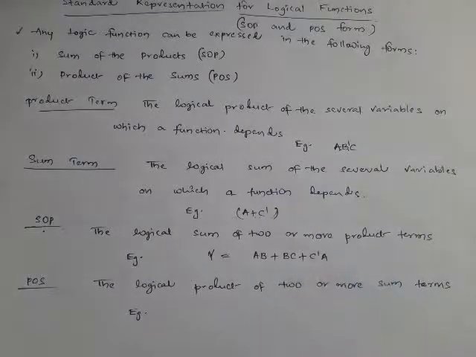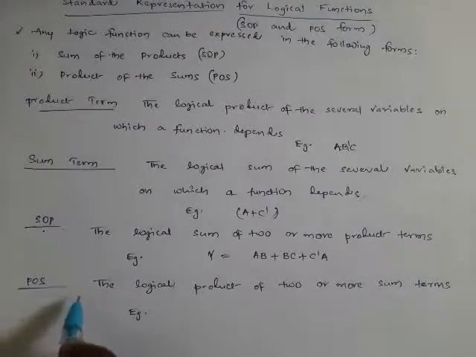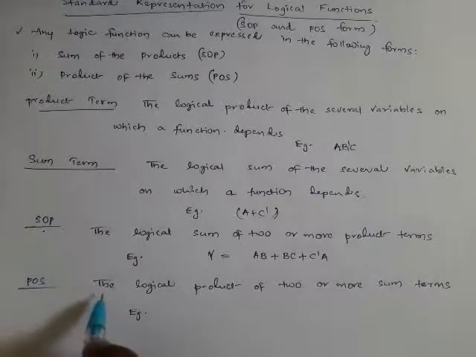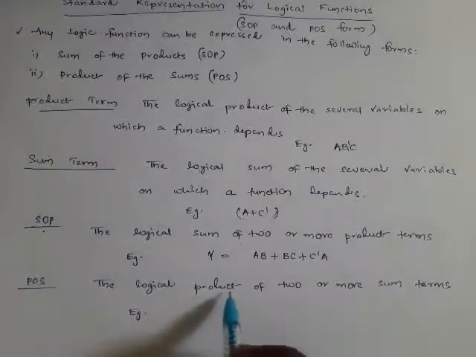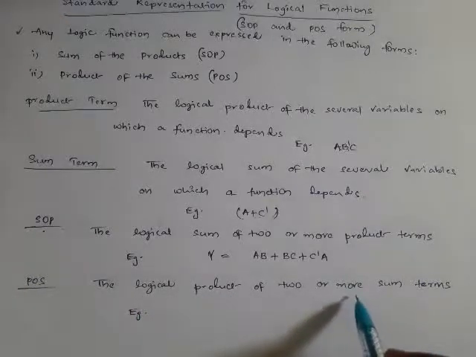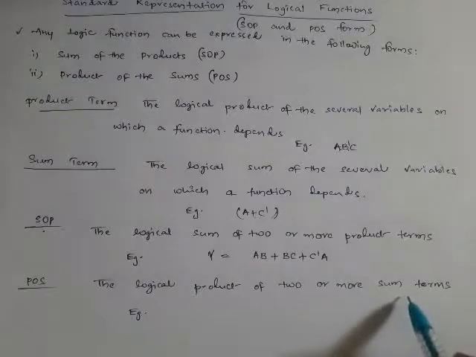Similarly, we have the product of sums. The product of sums form for a logic function is the logical product of two or more sum terms. What is a sum term?